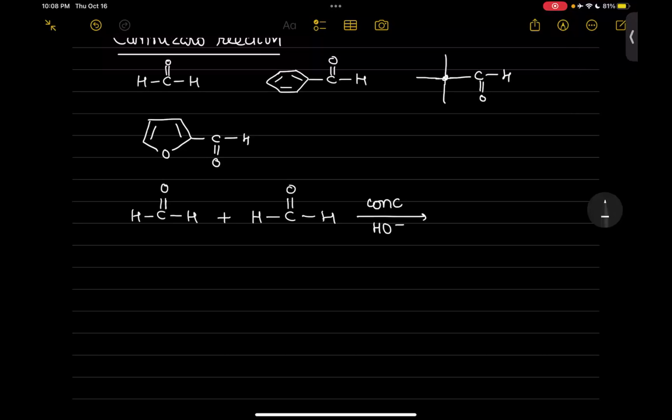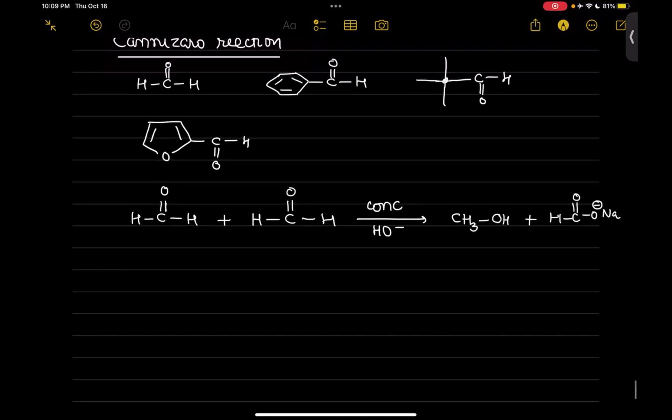Got it. So one will be reduced to alcohol. Alcohol will be CH3OH. Another will be oxidized to carboxylic acid, because we had started with an aldehyde of one carbon. This is the carboxylic acid, HCOONa.